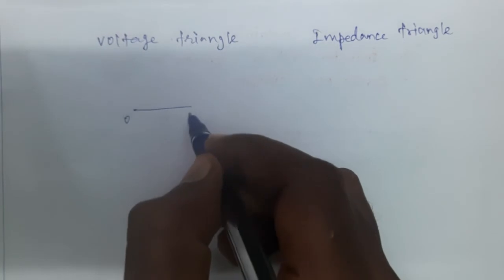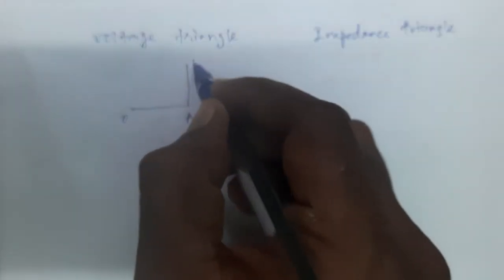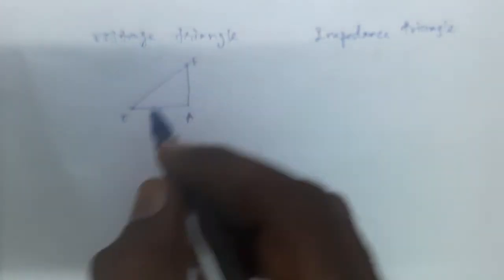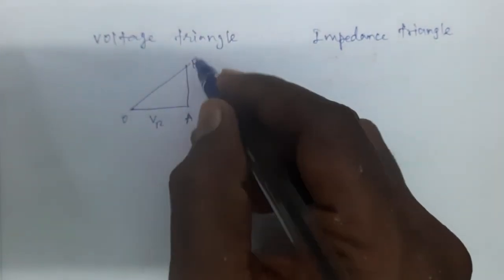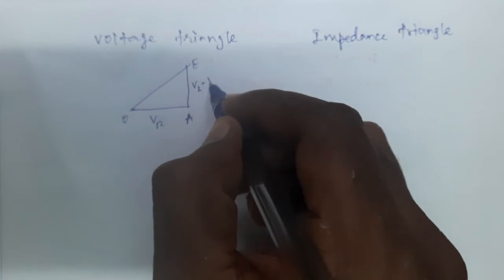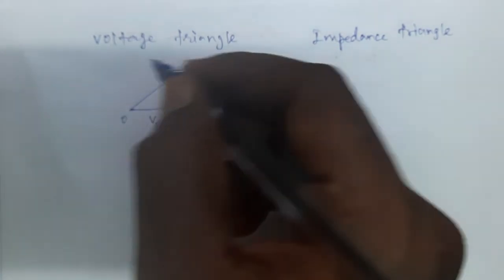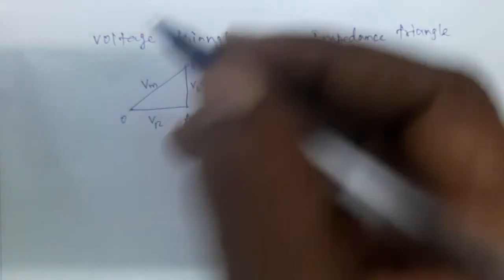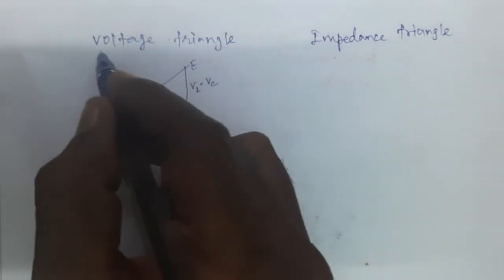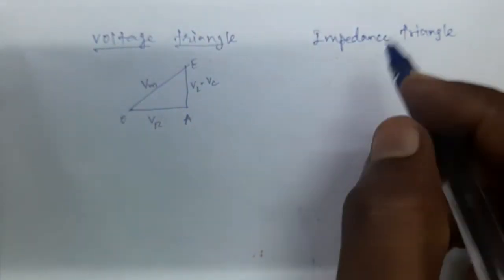This is OA, this is E. OA in the diagram is VR. This AE is VL minus VC. This OE is VM, the total voltage or effective voltage. This is the voltage triangle.